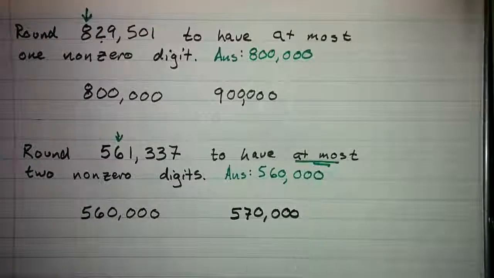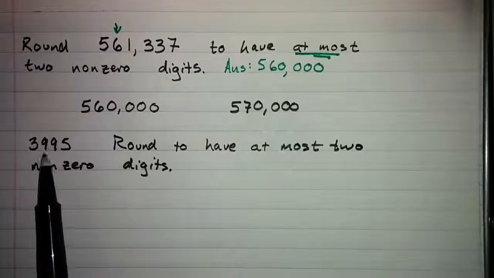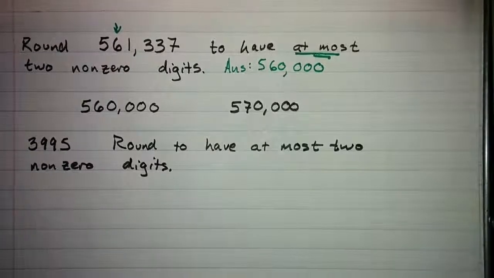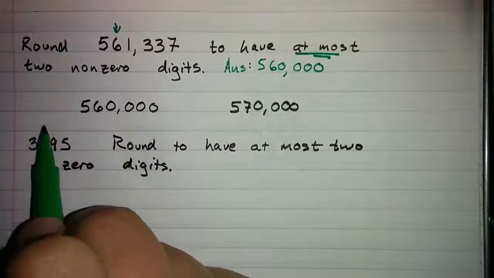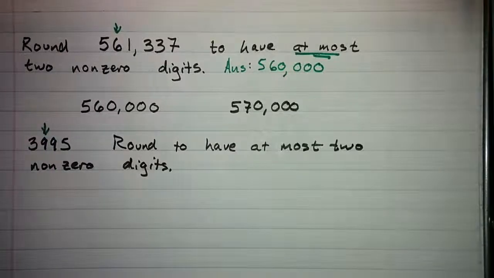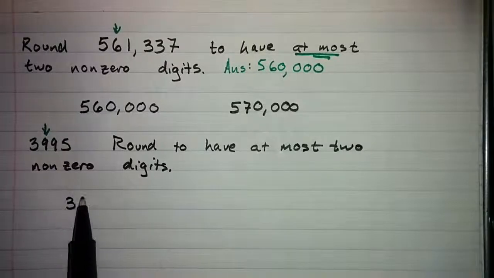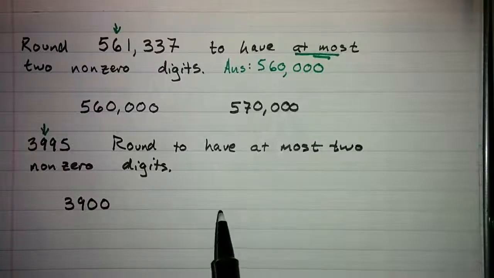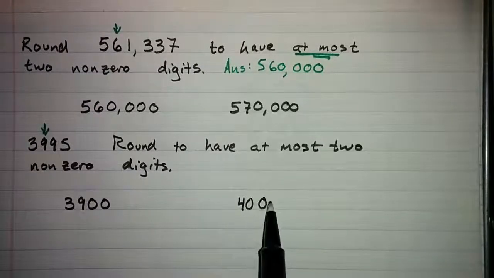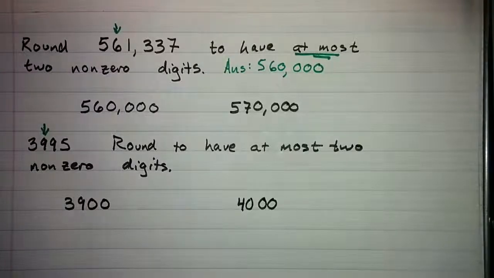Why this at most? Let's suppose we started with 3,995 and we want to round it to have at most 2 non-zero digits. Well, what place would we have to round to? Right, we would have to round to this place. So this number is between 3,900, let's see, after 39 comes 40, between 3,900 and 4,000.